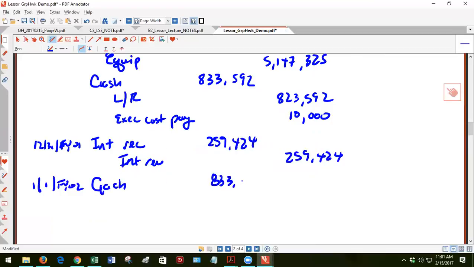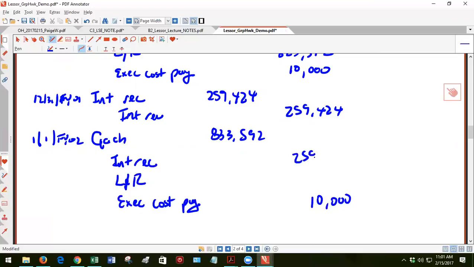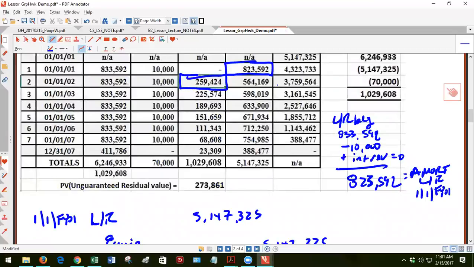You're going to remove the interest receivable, 259,424. You're going to amortize your lease receivable, and then you're going to have your executory costs payable again, so that is 10,000. And even though the schedule says 169, there's probably some rounding there.